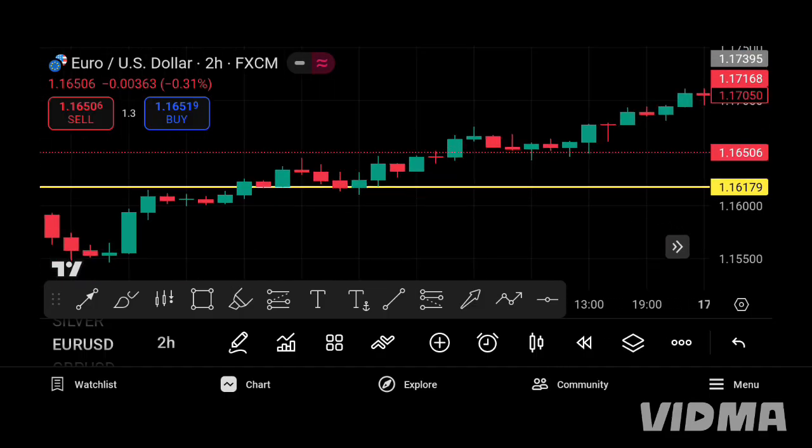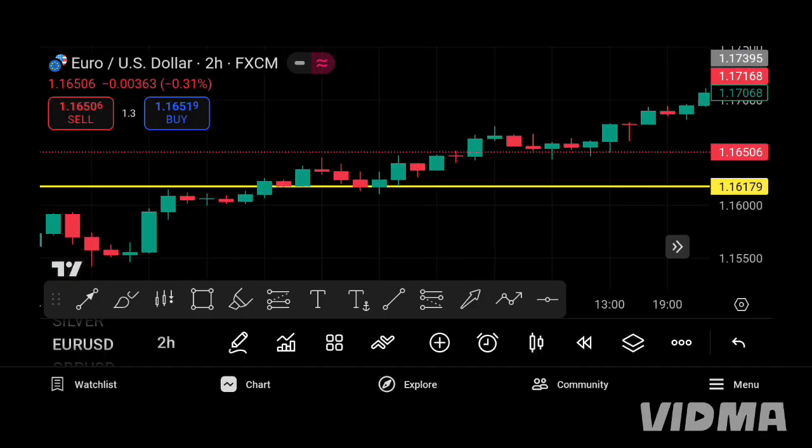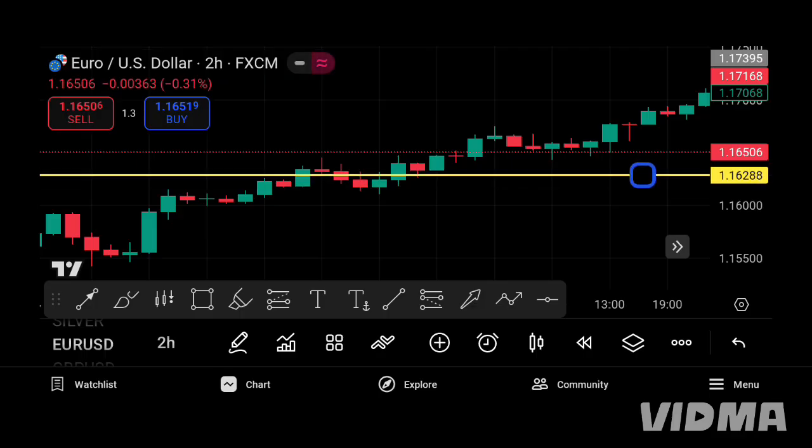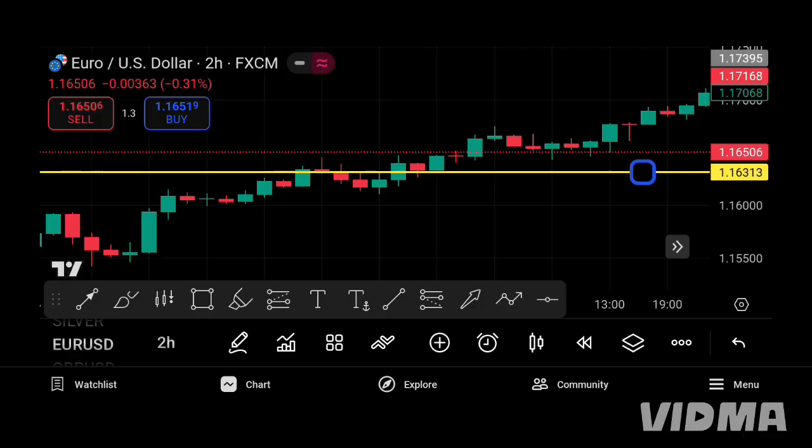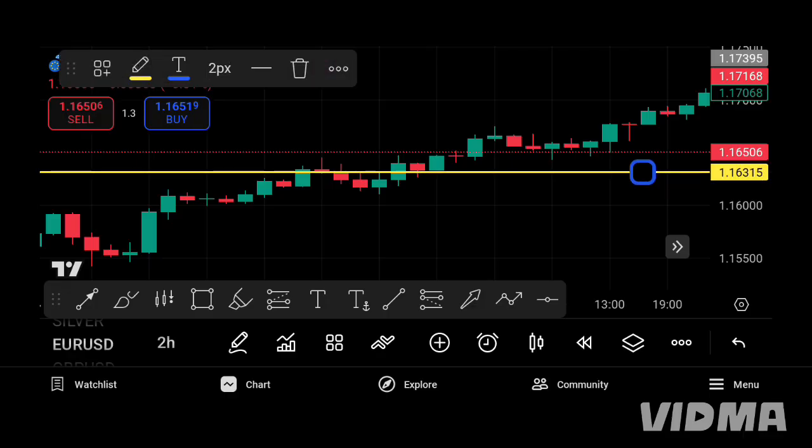So after seeing this bullish candle closing up, moving away from our zone, it has swept liquidity because that's what we want. After that, we get ready and wait, because this candle has closed, then we mark the high of this candle that has swept liquidity.